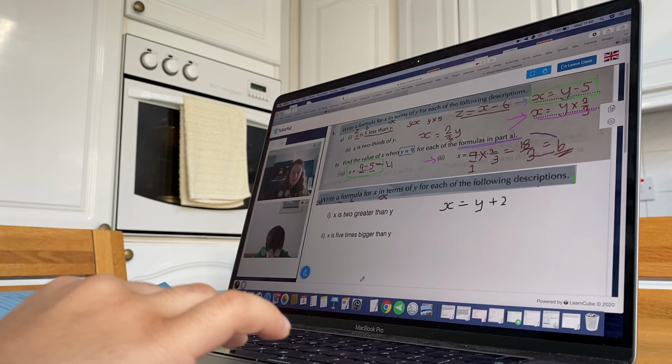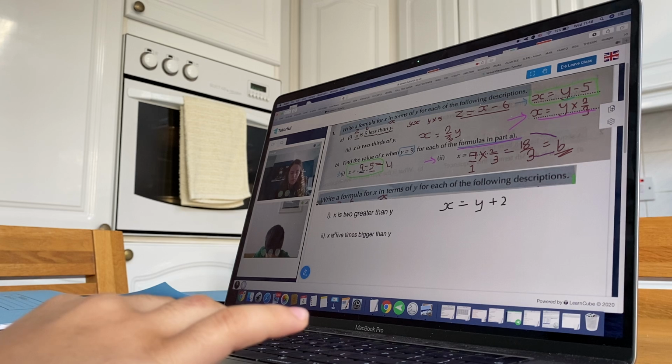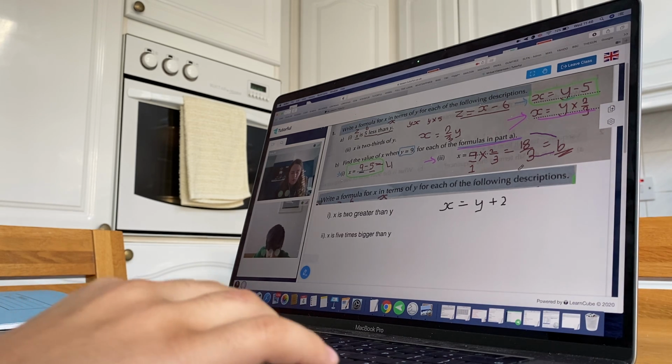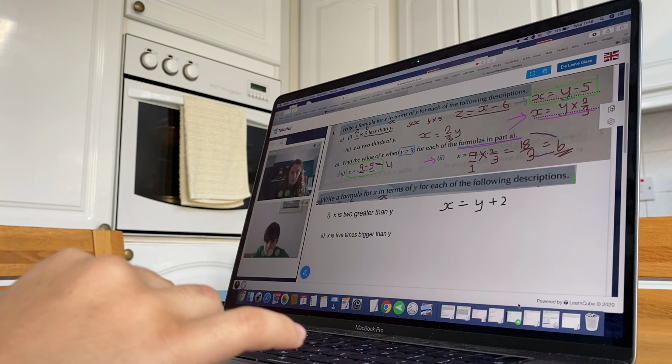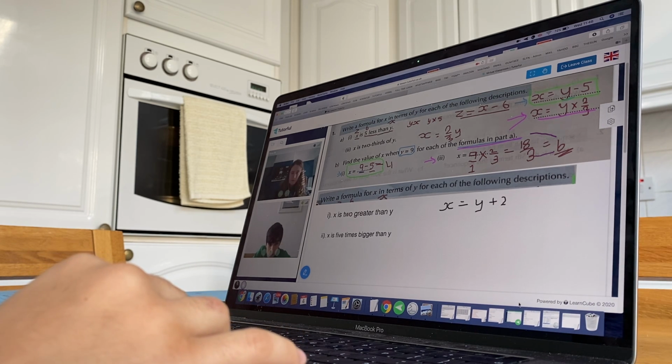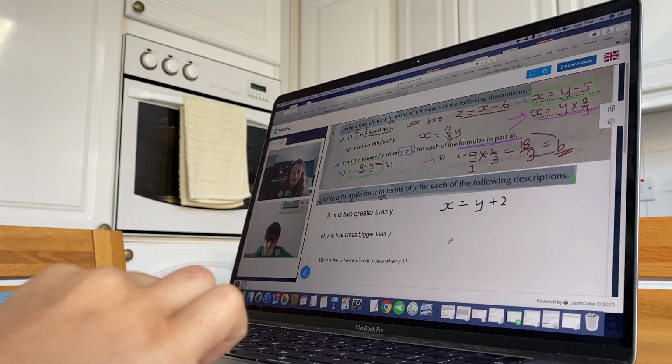And then what about the other one? x is 5 times bigger than y. So x equals y times 5. Yeah, y times 5. Brilliant.